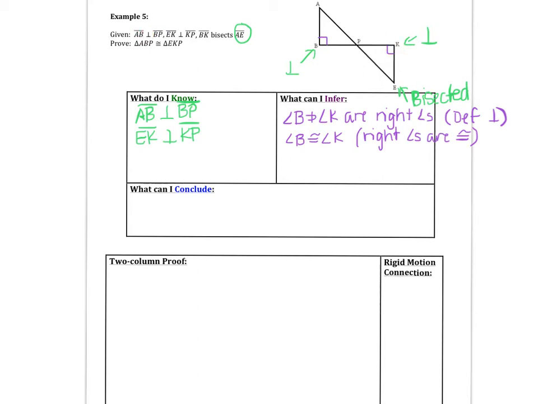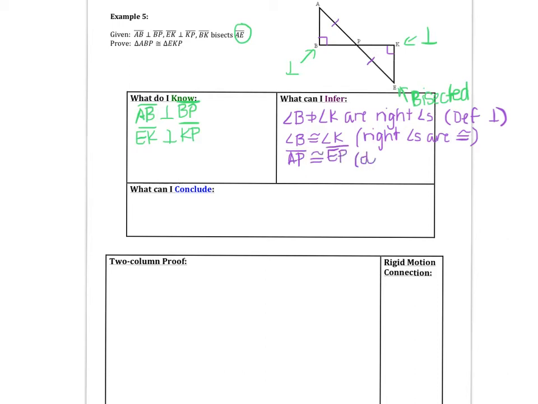Alright, so let's go on to the next thing. So I proved that those angles were congruent. So let's go ahead and talk about bisect. So I know that this line right here is being bisected. So what I know about that is that AP is going to be congruent to EP.